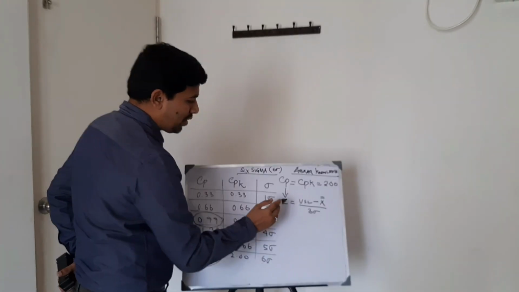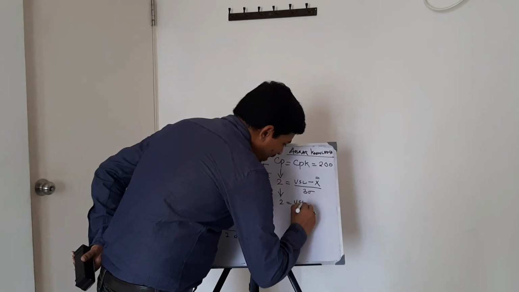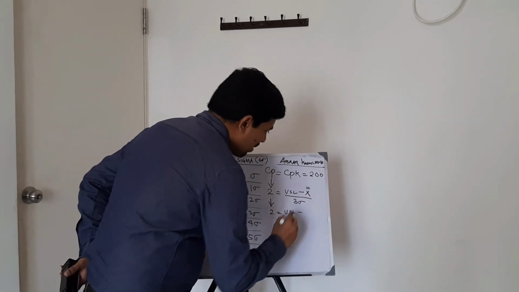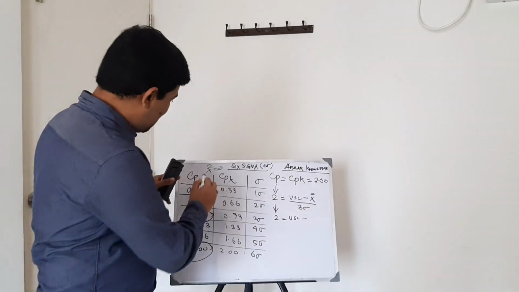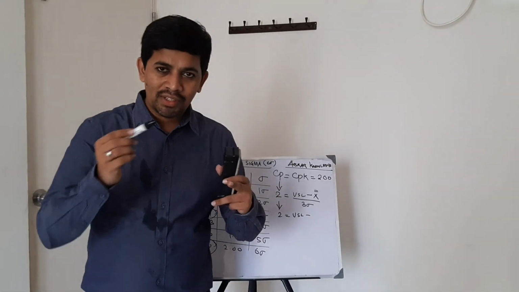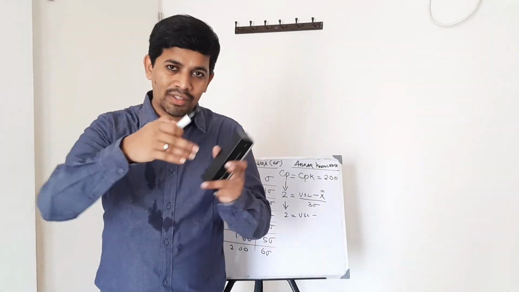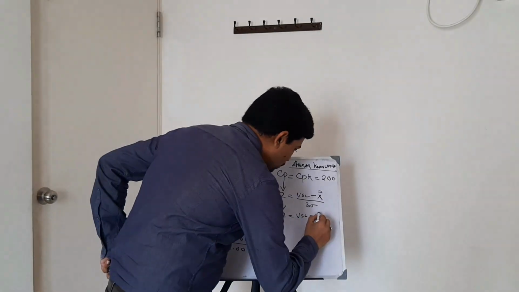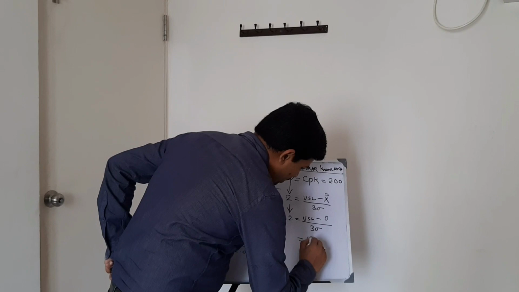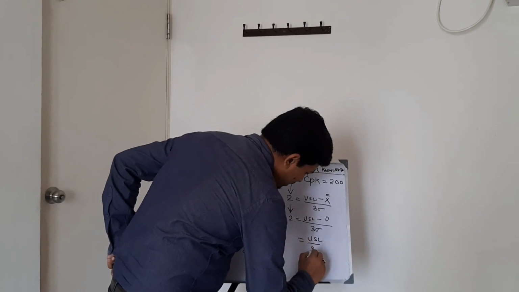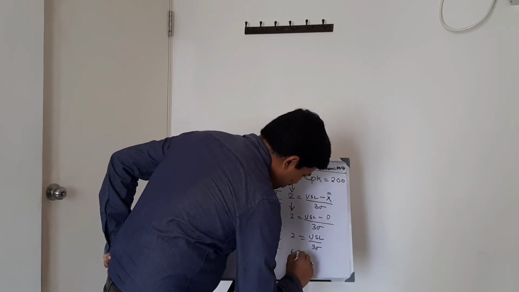I'm just taking only one. So for USL, I can keep it as USL. X double bar, I'm going to keep it as 0. Why? Because if CP and CPK fall on the same line, if they are equal, that means they are centered. They fall on the same region. So I'm applying 0 by 3 sigma. So USL by 3 sigma equals 2. So that means it's 6 sigma.